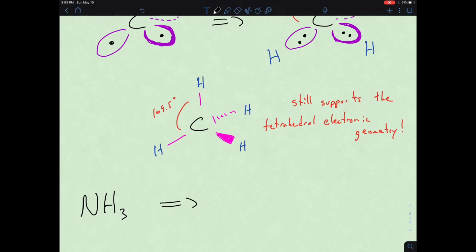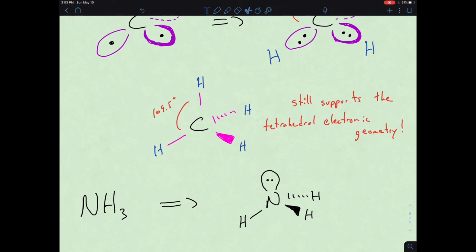With ammonia, we end up with a structure that will look like this. Where now notice that we still have this idea of a tetrahedral geometry in terms of electronic geometry, but we have a lone pair as opposed to an actual atom.